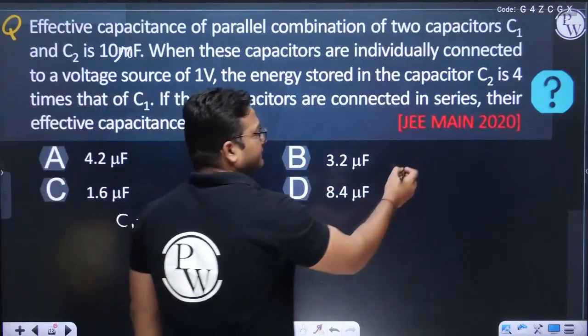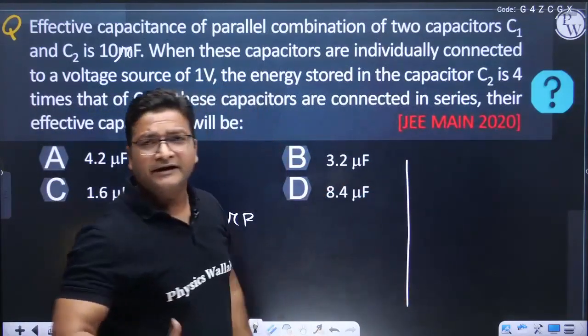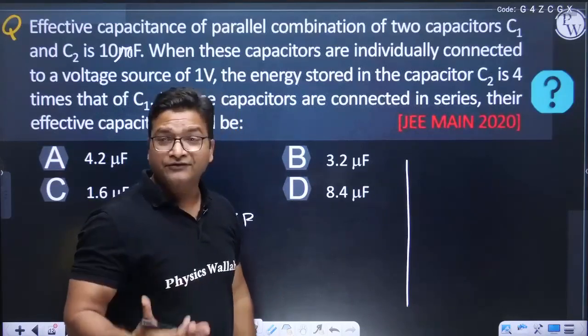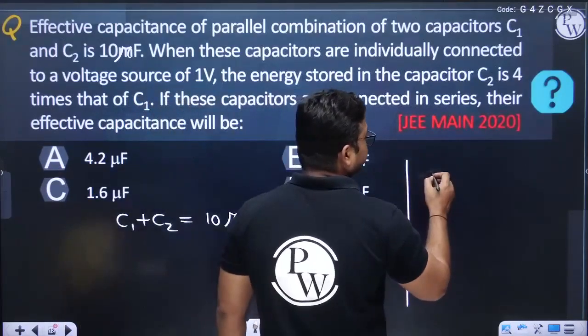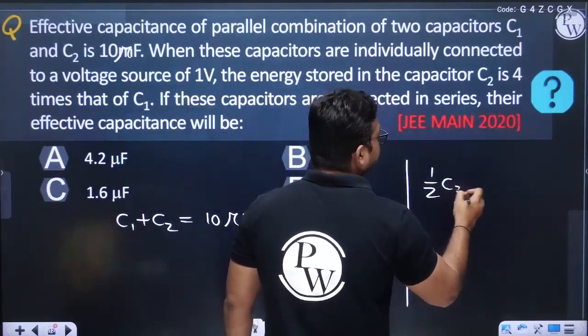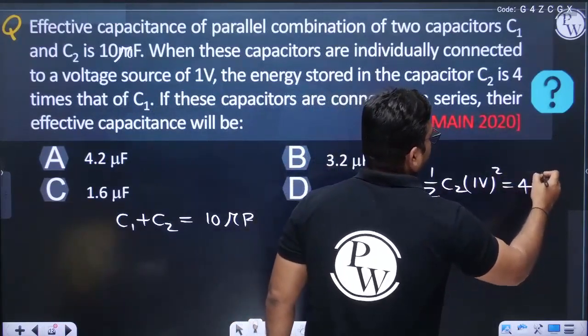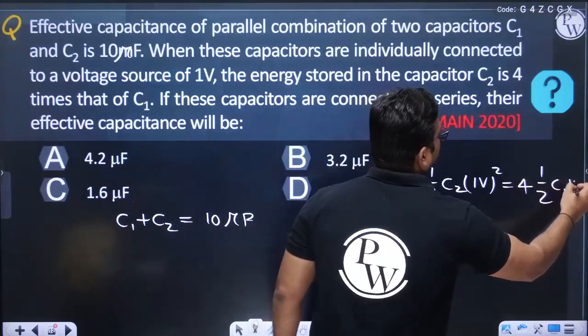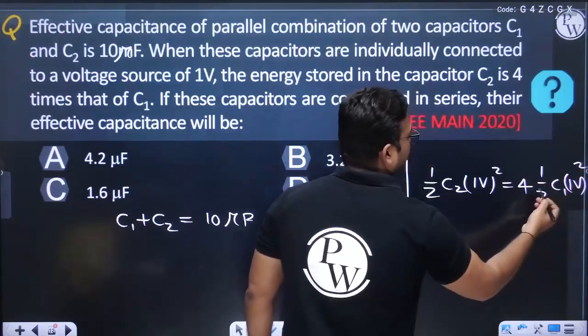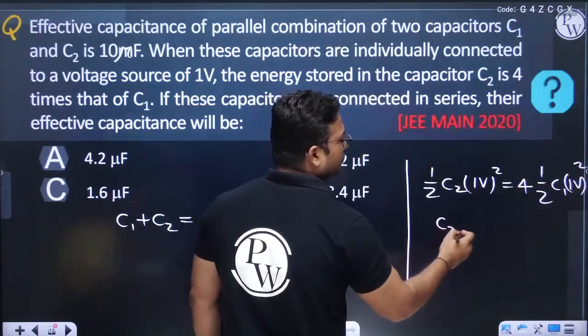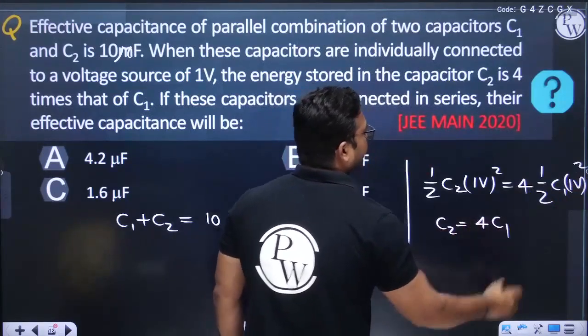It means, as I think you remember, the energy stored formula is half CV square. So energy stored in C2, half C2 into 1 volt square, is 4 times half C1 into 1 volt square. You cancel everything and you will see C2 is 4 times C1.